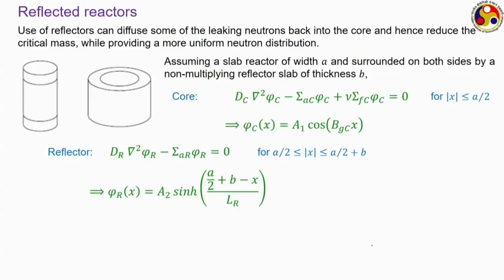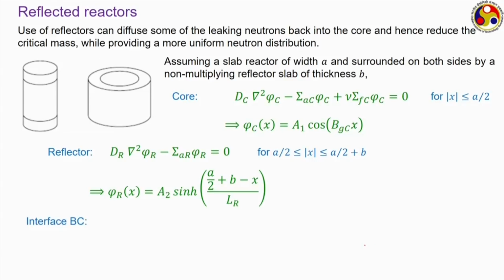Now, if we solve this one, we get this particular form of solution for phi r. Again the boundary condition has been applied and one of the coefficients goes off, leaving only one coefficient. This A1 and A2 are the two coefficients that we need to solve using the power rating of the reactor and any such information.